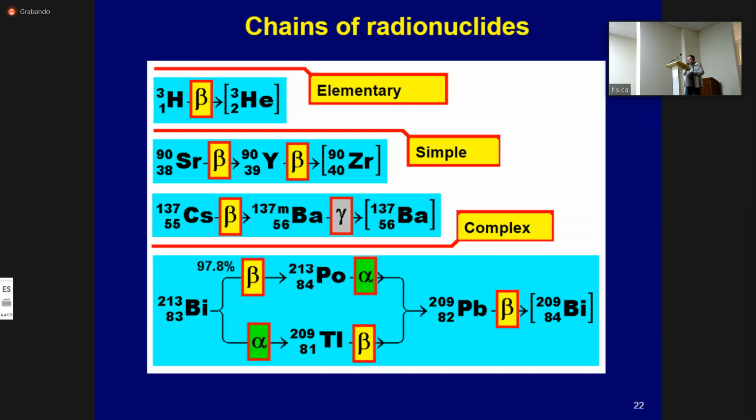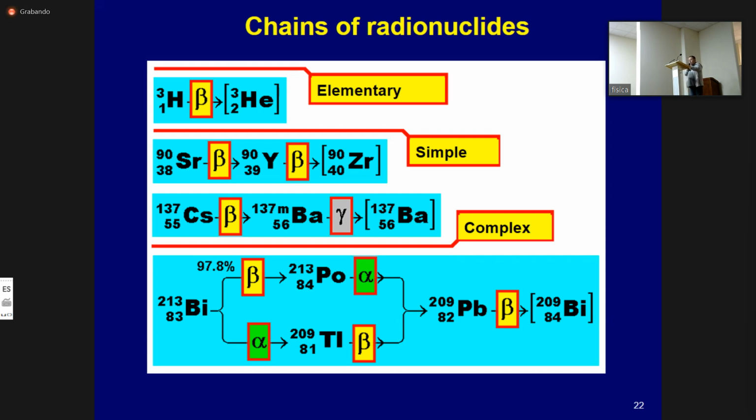Chains of radioactive transformations can be elementary, simple, and complex. Elementary chains contain only the parent radionuclide and one stable daughter. In a simple chain, the decay of the parent radionuclide leads to the formation of only one daughter radionuclide, and so on. In this case, the decay of each member of such a radioactive family always leads to the appearance of one daughter nuclide.